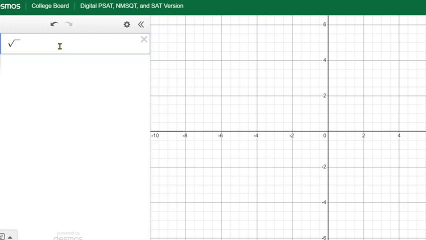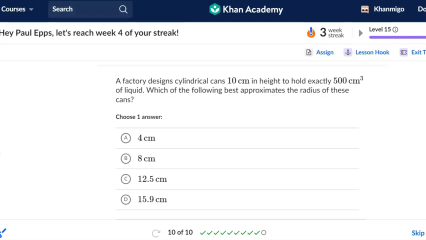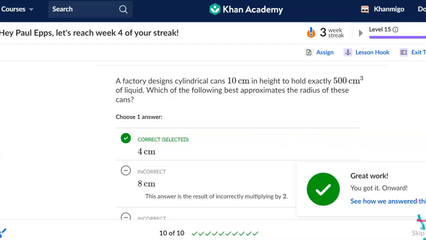Square root of 500 divided by 10 pi is very close to 4. 3.98. All right, let's go back here. That approximates the radius. Well, that would be this, 4. All right, that's 10 out of 10.